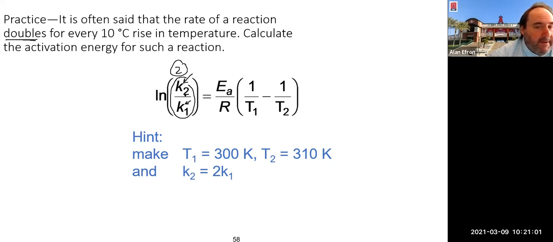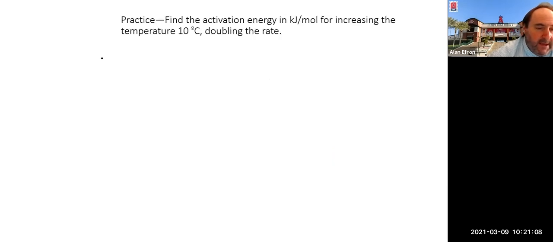Because as we substitute that in, K2 equals 2 times K1. When we do that, we get 2K1 over K1. And those cancel. We end up with 2 because we essentially doubled it. Equals our E of A over R.